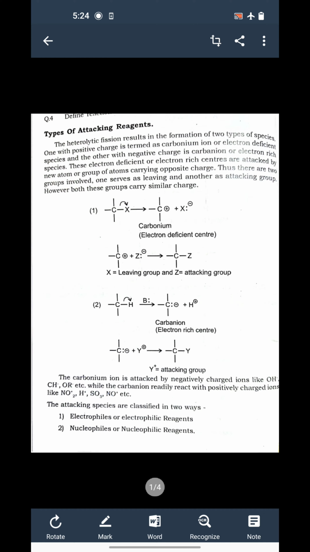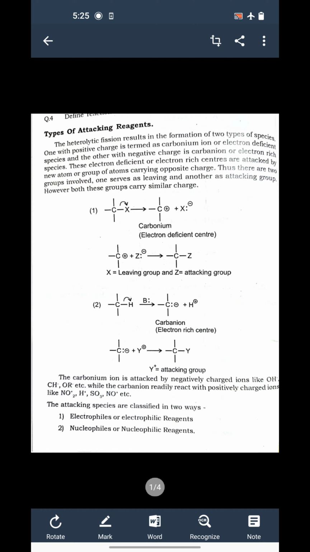If we consider that the reaction takes place in steps, the group leaving here is X, a leaving group, and in the second case Z minus is the next coming group, which we call the attacking group. So here Z is the new attacking group, and you can see that the leaving group and the attacking group both have the same charge.